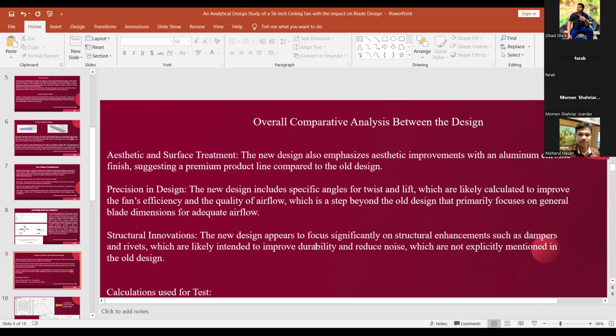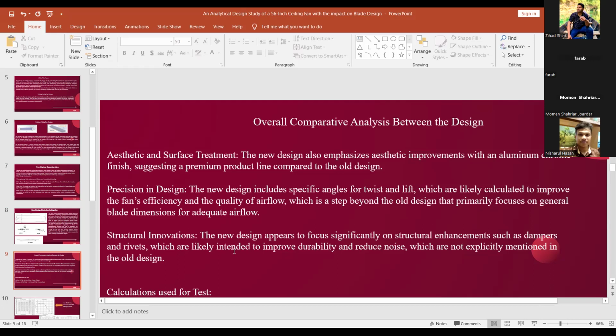So overall, if we see the comparative analysis here, from the aesthetic and surface treatment, the new design emphasizes aesthetic improvement with an aluminum chrome finish, suggesting a premium product line compared to the old design. Precision in design: the new design includes a specific angle for the twist and lift, which are likely calculated to improve the fan's efficiency and quality of airflow, a step beyond the old design that primarily focuses on the general blade dimension for adequate airflow.